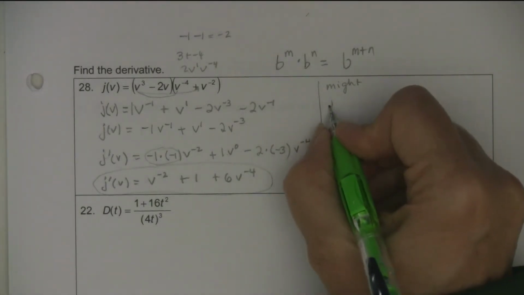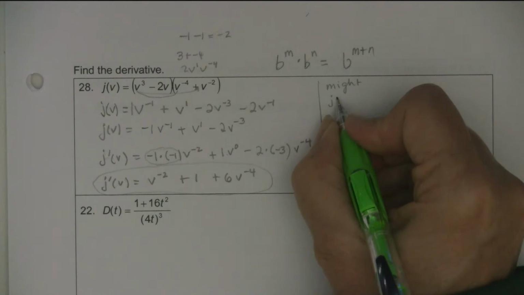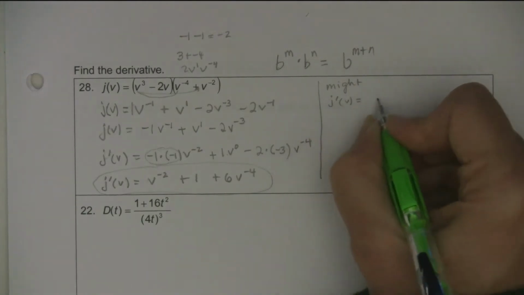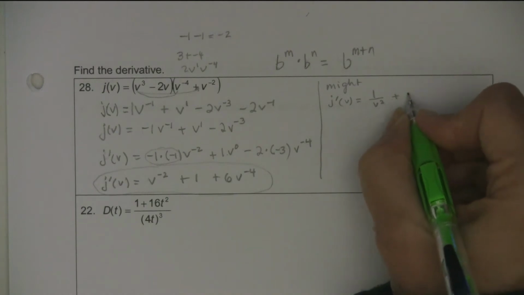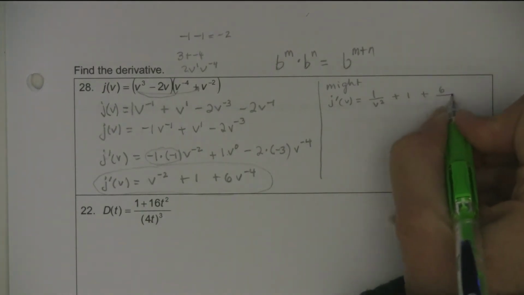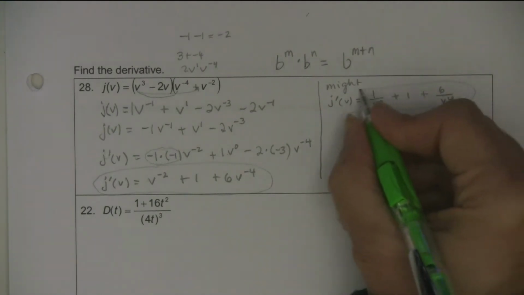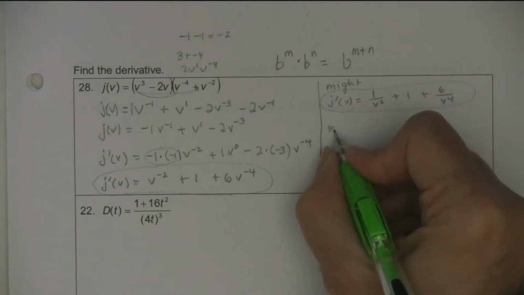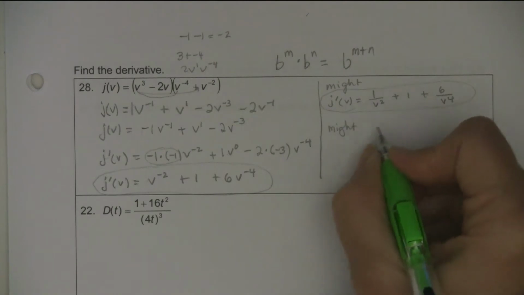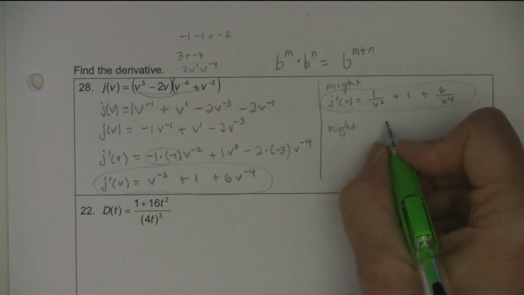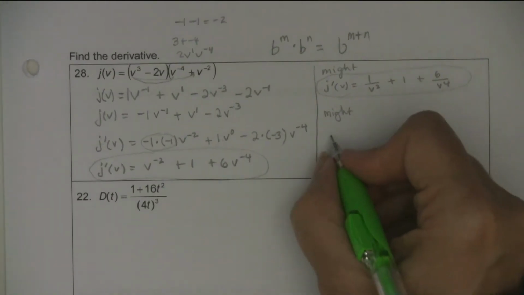And so they might have done this, and sometimes they do, 1 over v to the second, plus 1, plus 6 over v to the fourth, and then that is a good answer. But they might do this, just so you know, they might get a common denominator, which is v to the fourth, right?